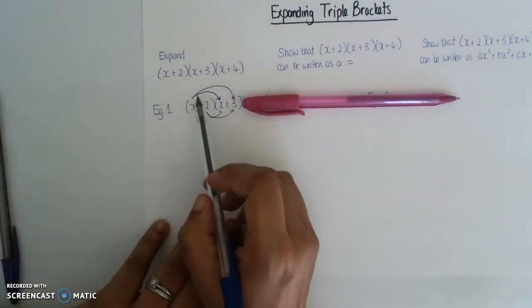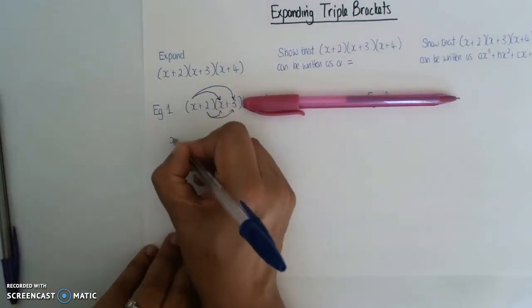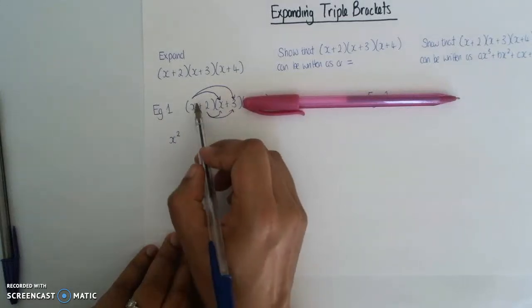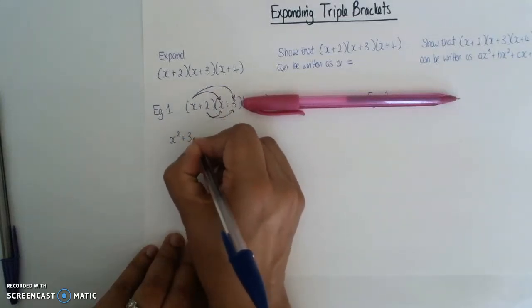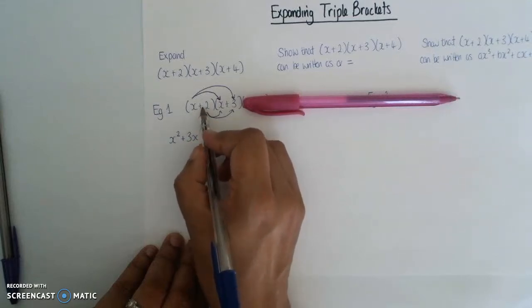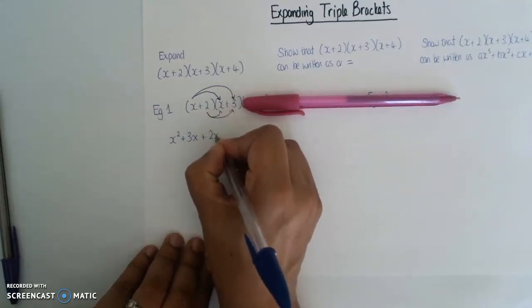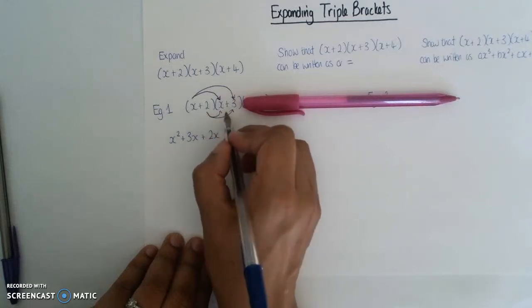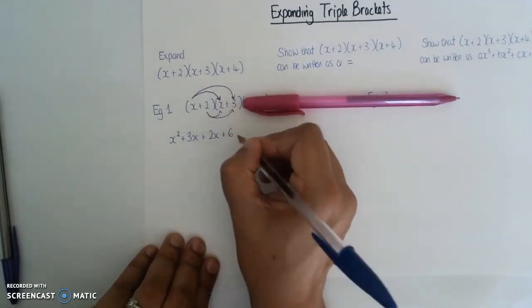So let's work out an answer then. So x times x is x squared. X times positive 3 is plus 3x. Positive 2 times x is plus 2x. And positive 2 times positive 3 is positive 6. Please don't put 5.